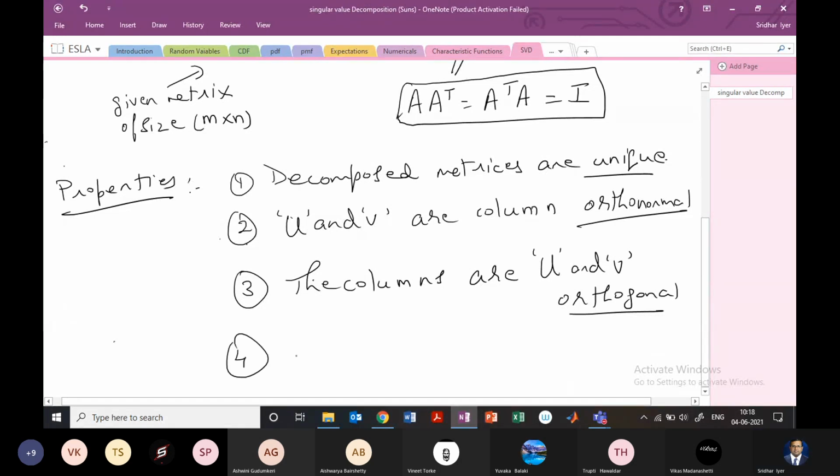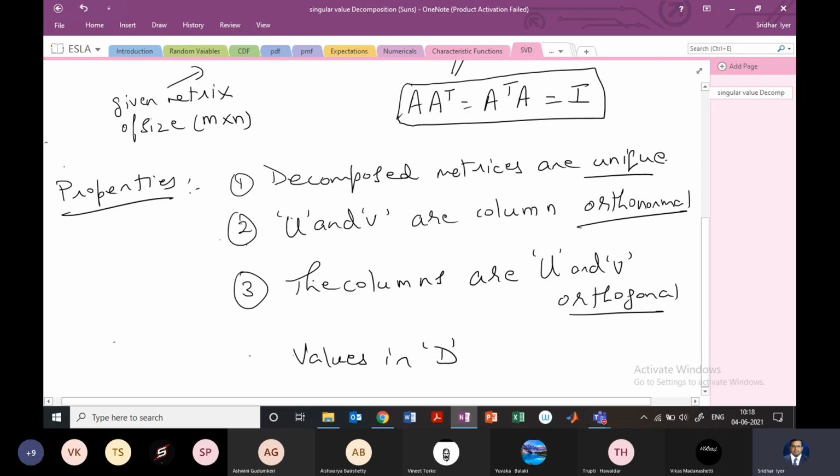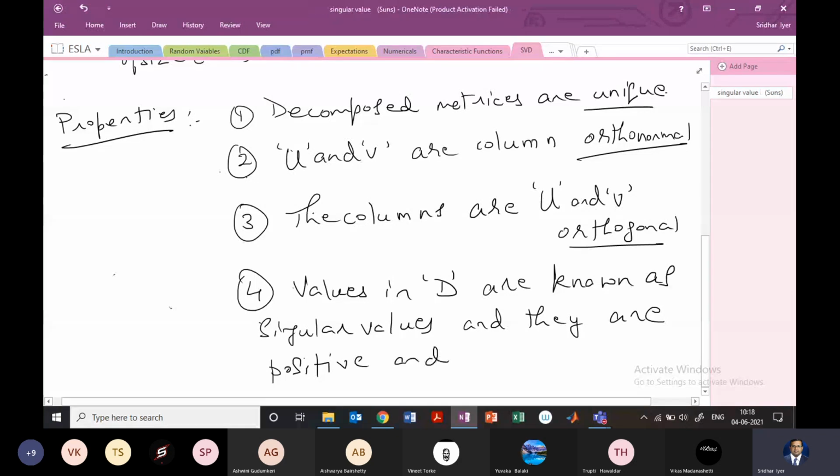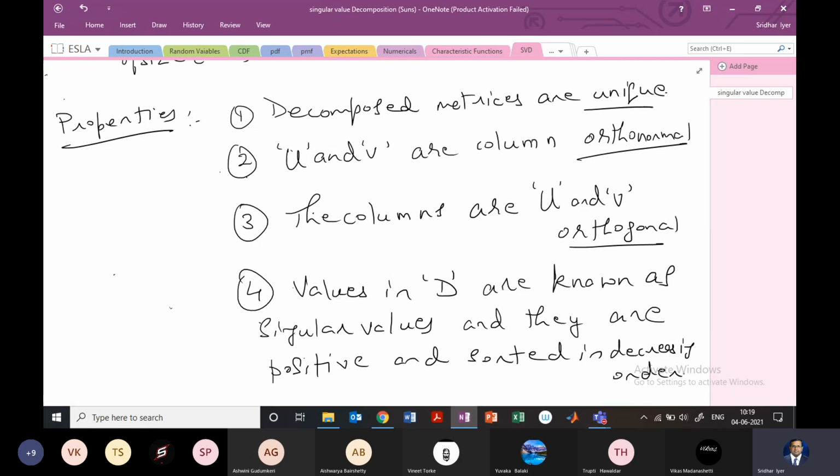And then fourth, the values in D, that is the diagonal matrix, are known as singular values, and they are positive and sorted in decreasing order, right?